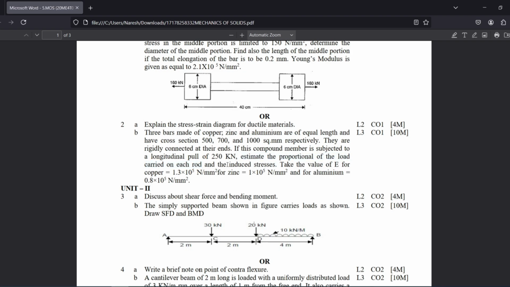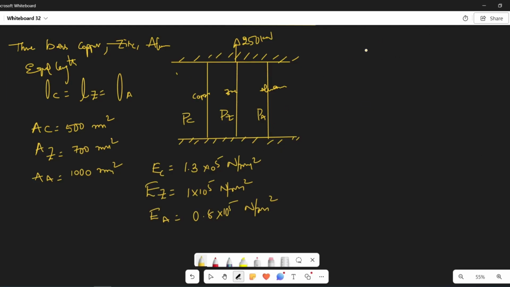We also have to find that. So how do we find this? We can clearly set some equations here. We know that the change in length of copper is equal to that of aluminum.